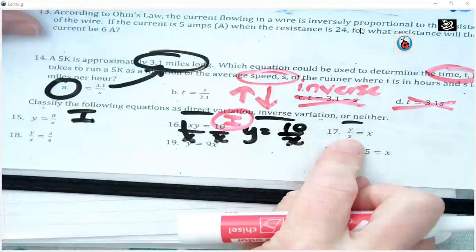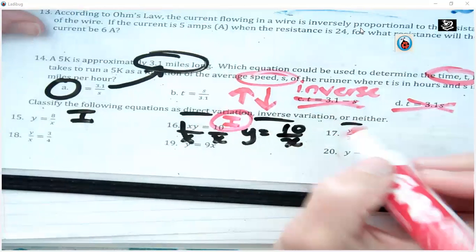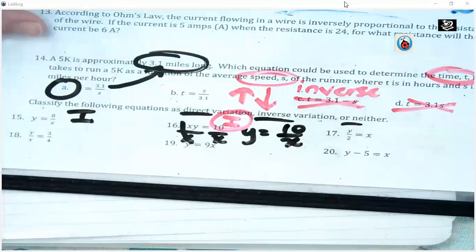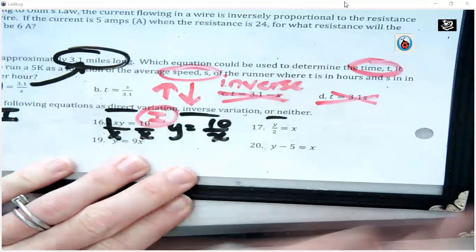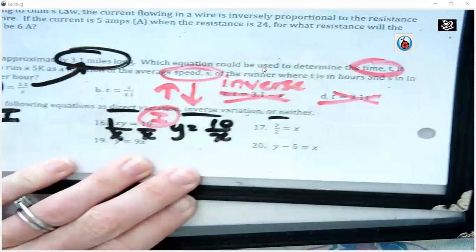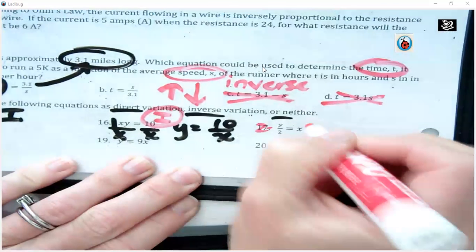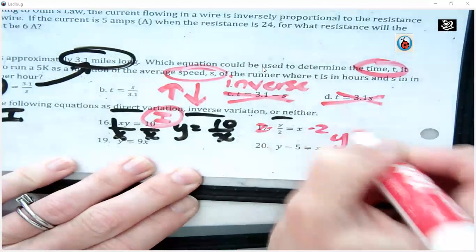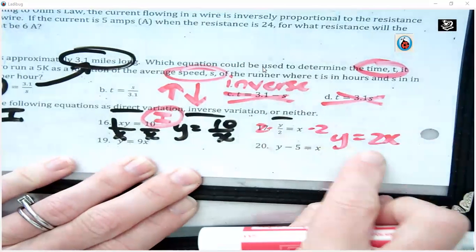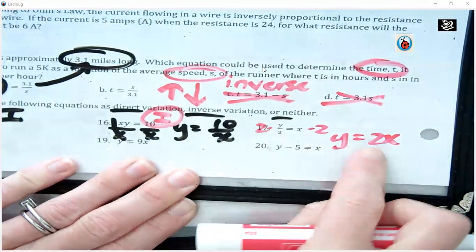Number 17, you've got to get y by itself. How do you get y by itself on 17? Multiply by 2. Good. Multiply both sides by 2, so you get y equals 2x. Somebody new, is that direct, inverse, or neither?